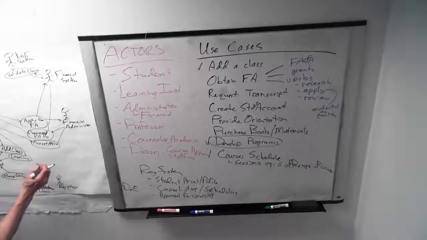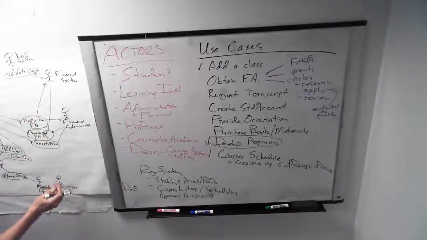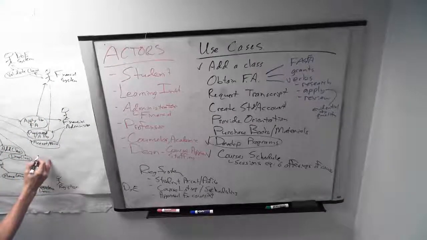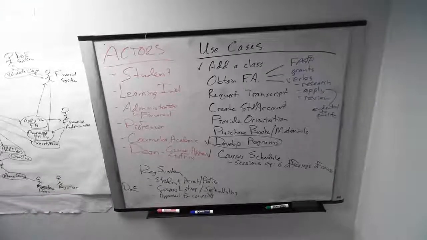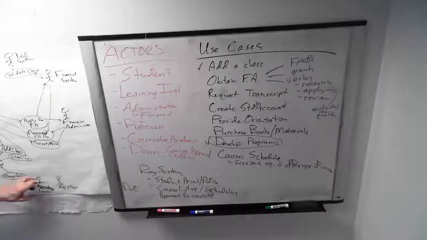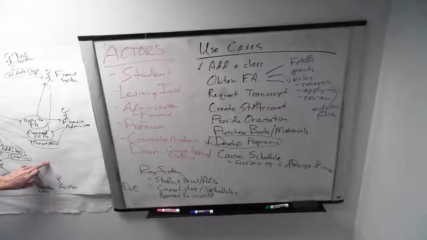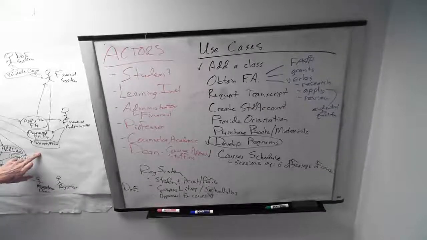So that is going to tie back into the financial system, right? So the registrar can provide a payment plan. I mean, there could be a blend of loans, grants, FAFSA, but whatever that blend is, the registrar is going to be able to see, here's how much you owe after everything's said and done.